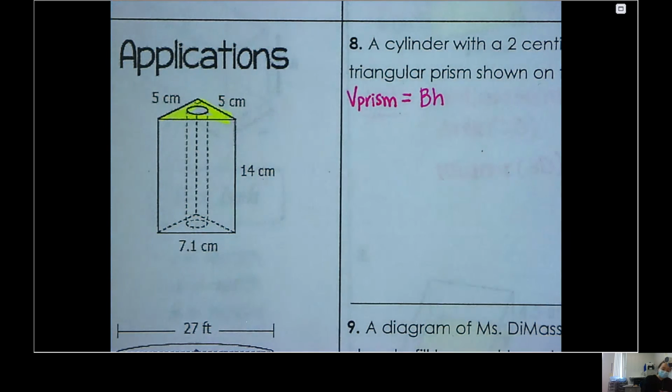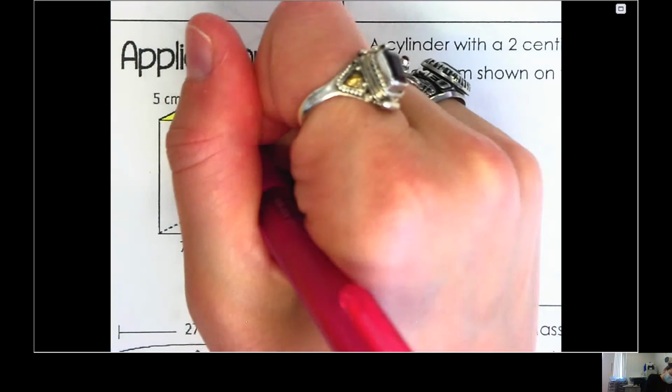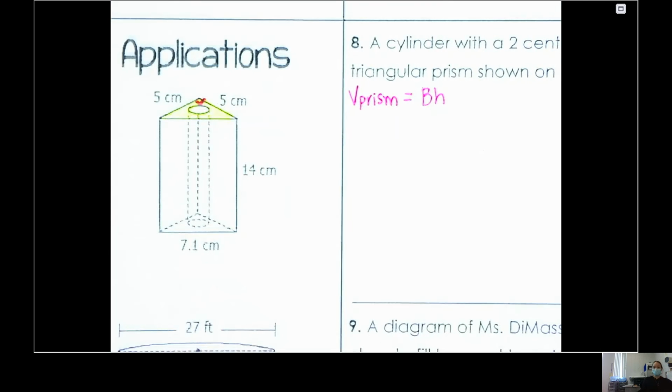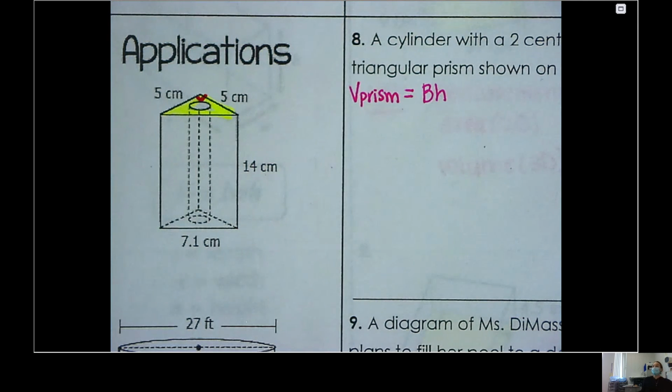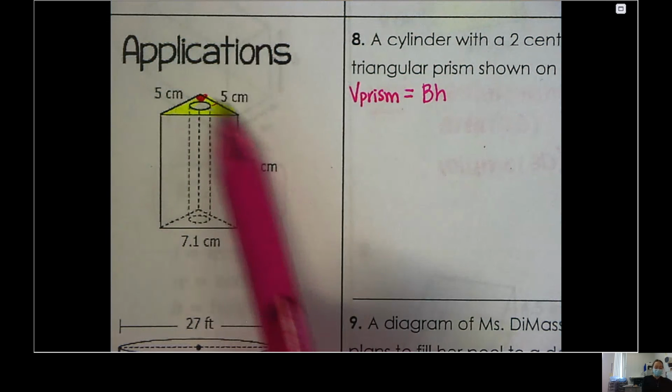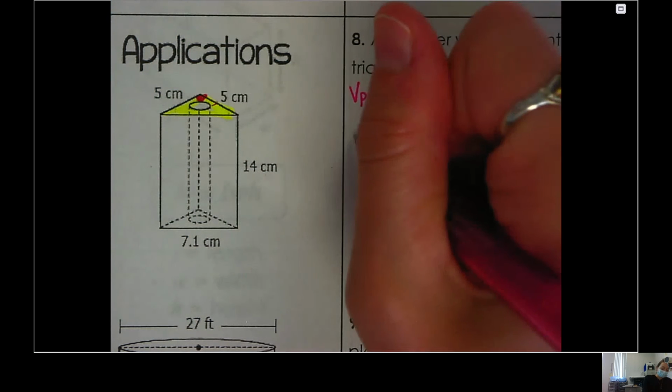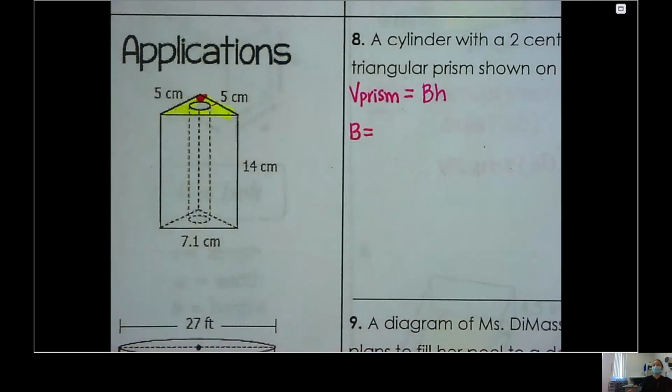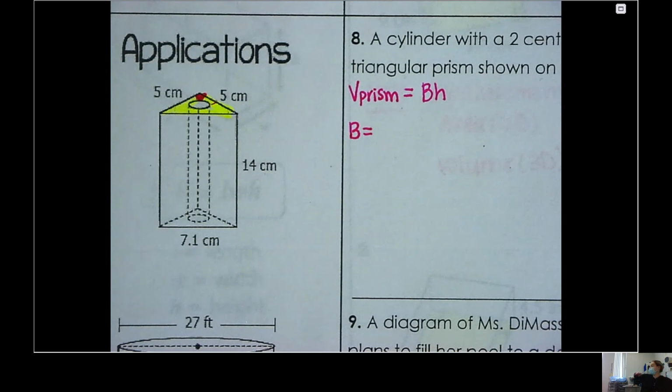Okay, now it's hard to see, but the 90 degrees is right here. That's the 90 degrees. So we're going to find the area of this triangle first. To find the area of the triangle, you take the base times the height divided by 2.